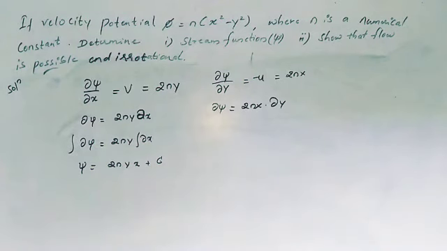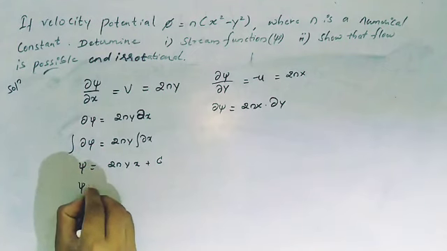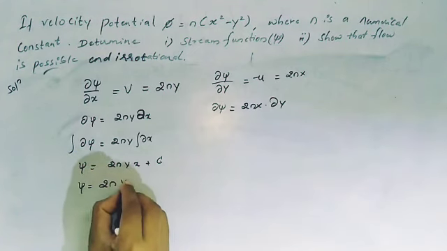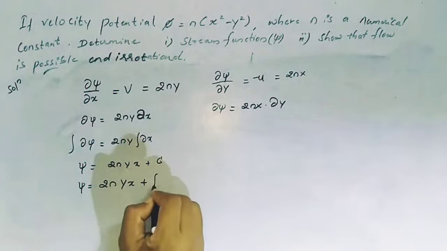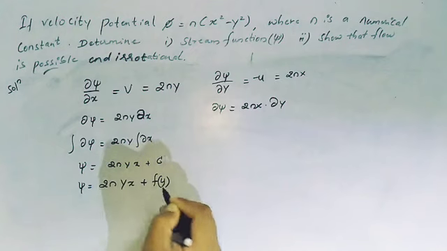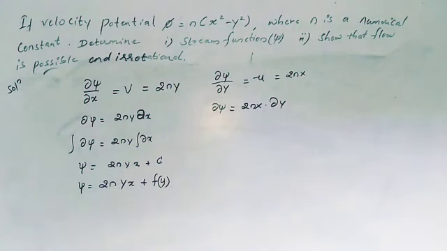But we all know that this constant cannot be a function of x, so it is a function of y. So I will write psi equals 2nyx plus c replaced by the function f, function of y.